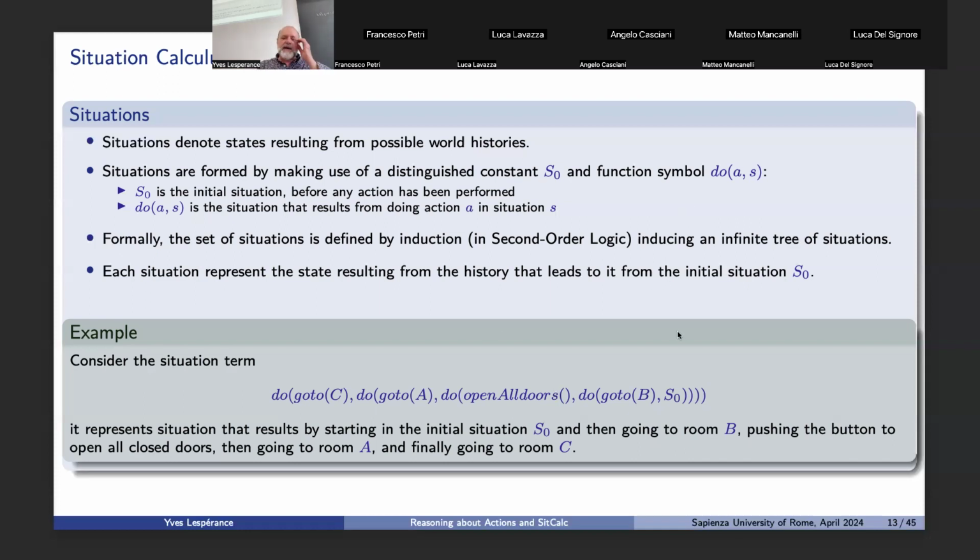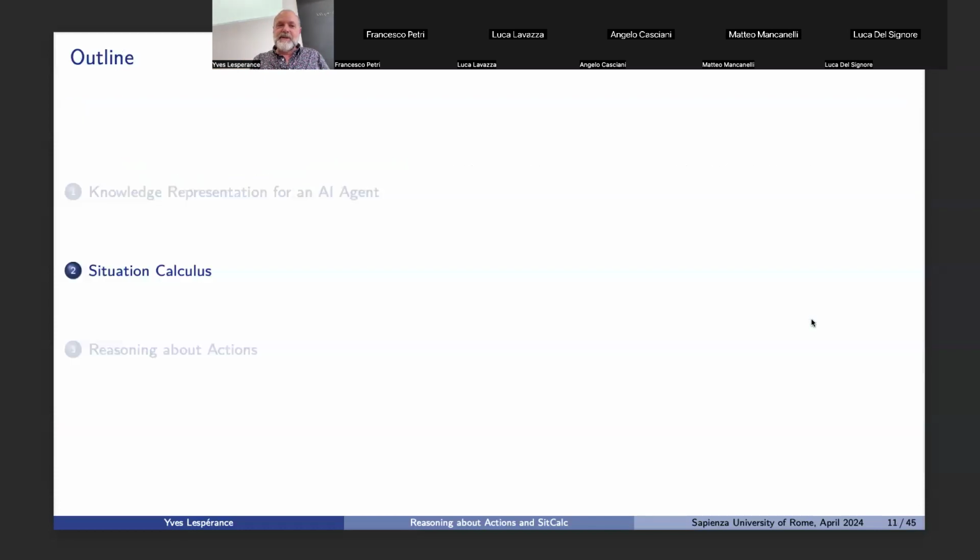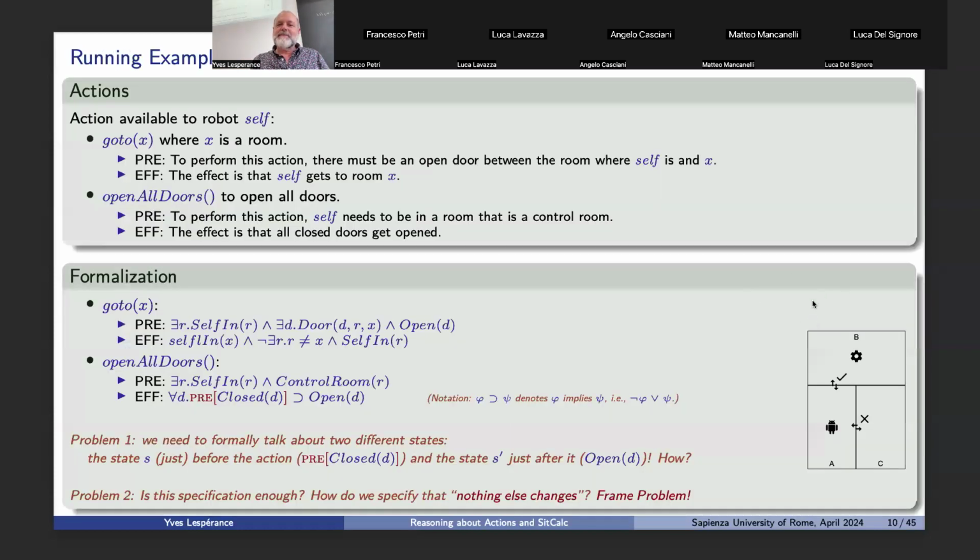Now if you look at these situation terms, what could I do in S0? Well, the only action I can do is to go to room B, since I cannot go to room C. If I had another action that says sleep, I could just stay where I am.